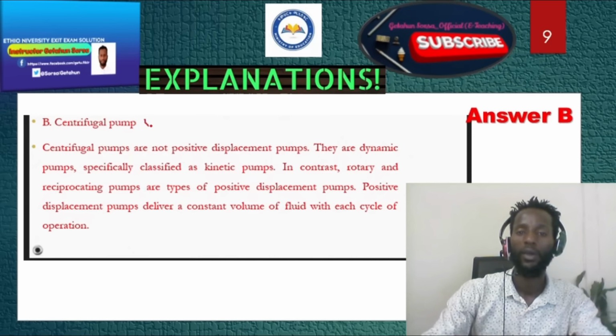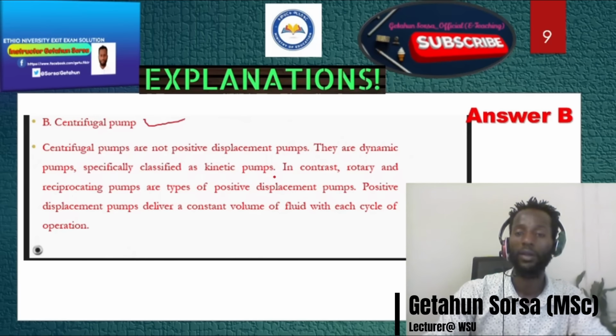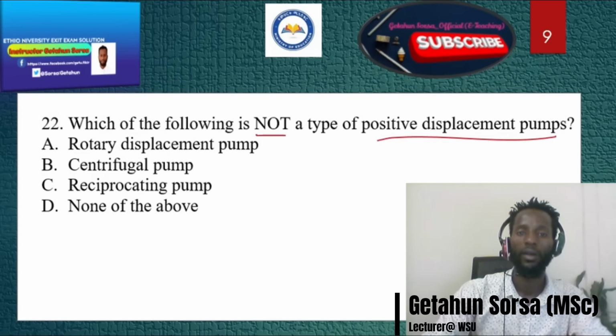This is not a positive displacement pump; it is a dynamic pump, classified as a kinetic pump. The reciprocating pump is a positive displacement pump, and the rotary pump is also positive displacement.